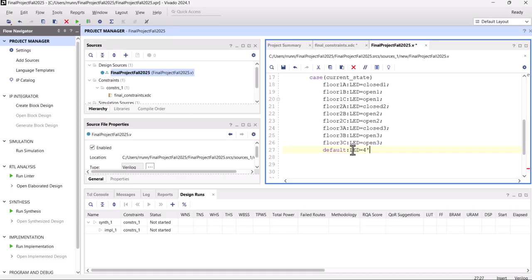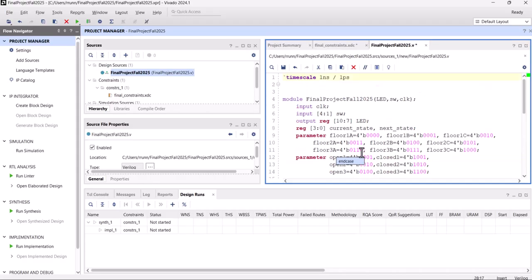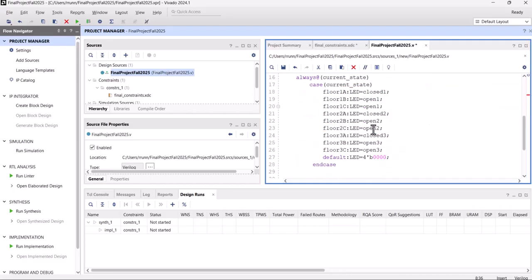And for the default I will have none of them lit. Also, I need to have an endcase. Up here I'm going to have current state initialized to be floor 1A. So what this says is anytime I change states, I'm going to change my output based on what state I'm on. Okay, so that's your first always block.